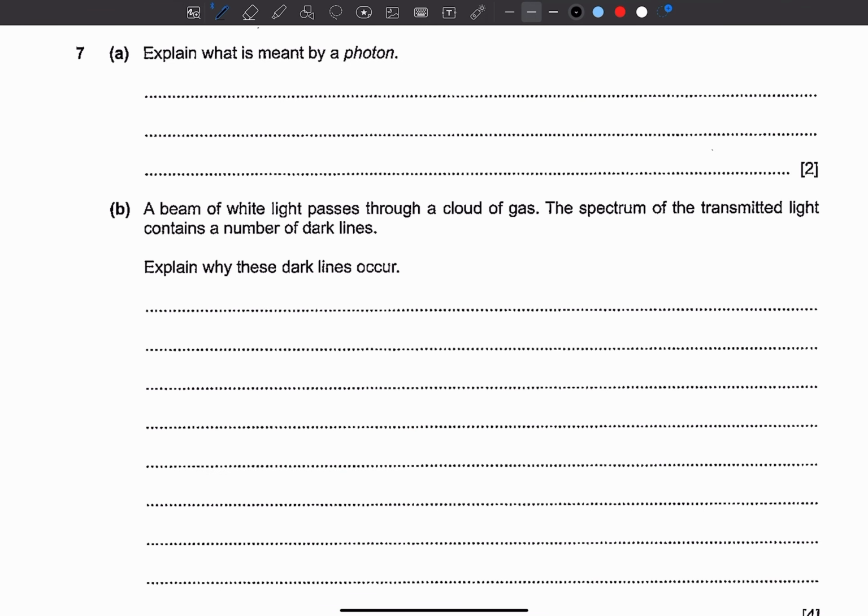Alright, question 7. Explain what is meant by a photon.